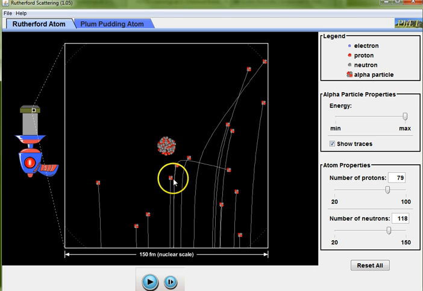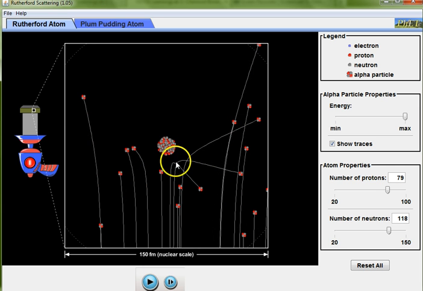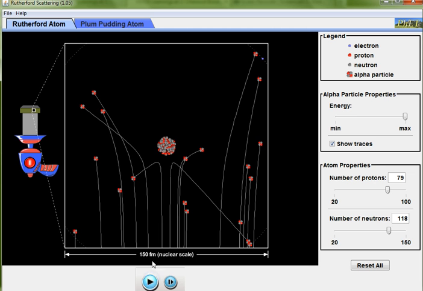So let's start our animation and see. You can see that this particle actually came right here, correct? This particle is going to face a large number of positive charges, so that should come right back. Okay, let's start our animation. You see that comes right back.